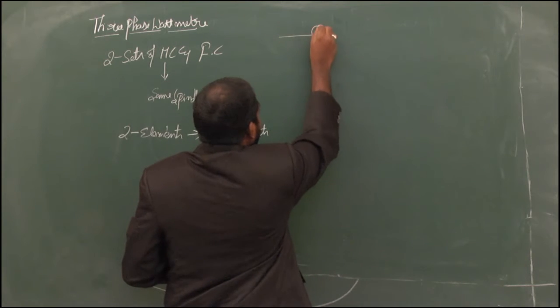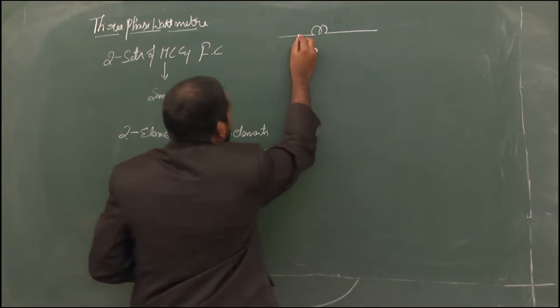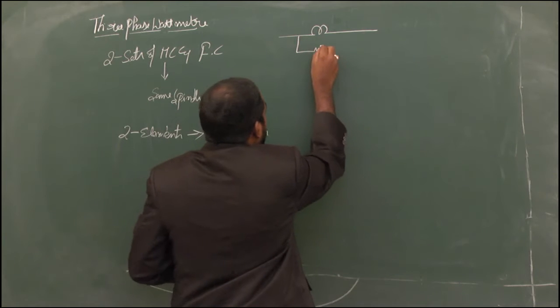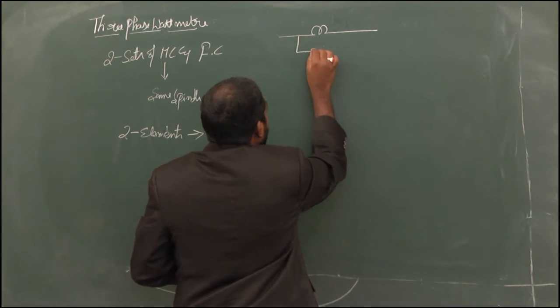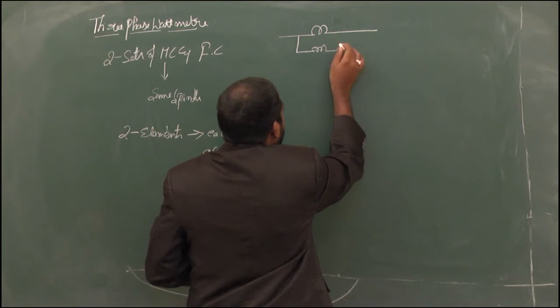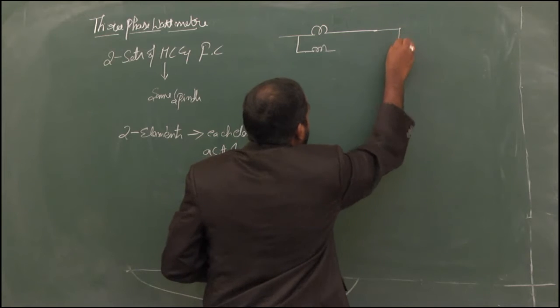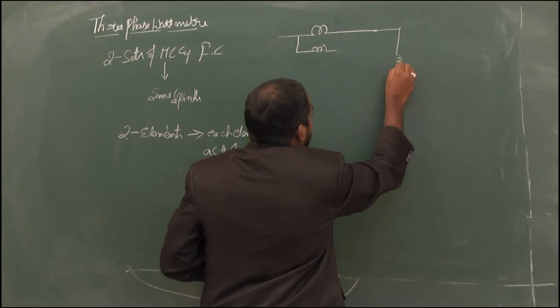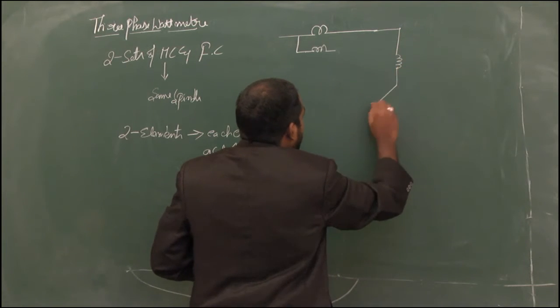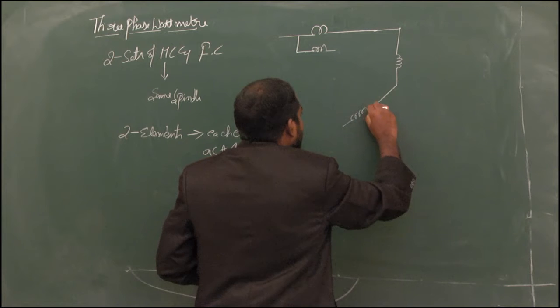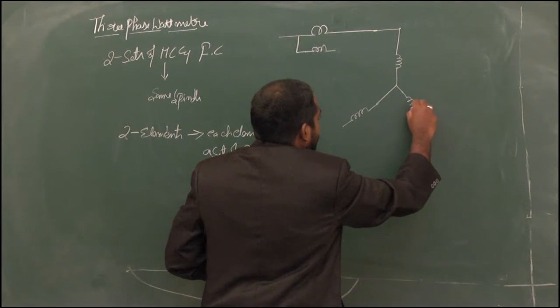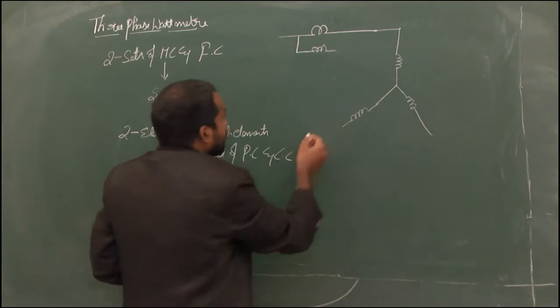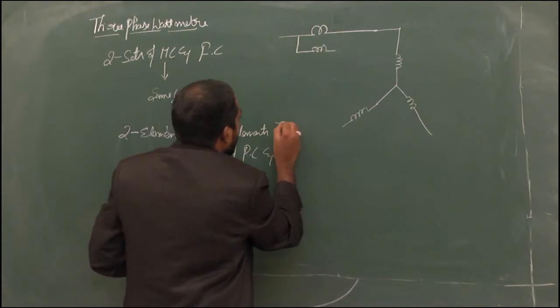It has a current coil and a pressure coil, right? This is the constructional diagram of a three-phase system. I am taking a star connected load here.